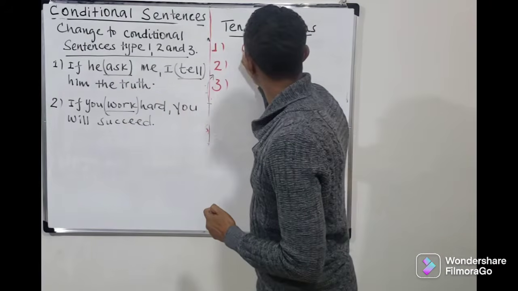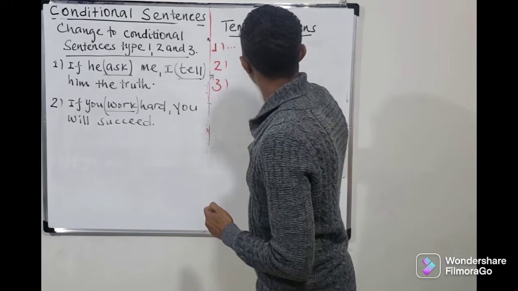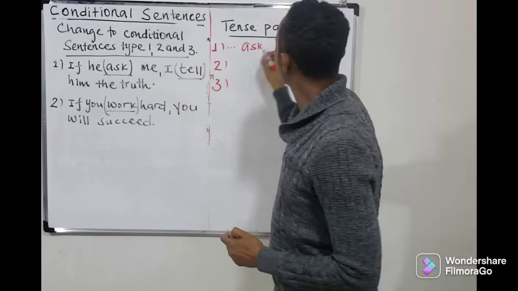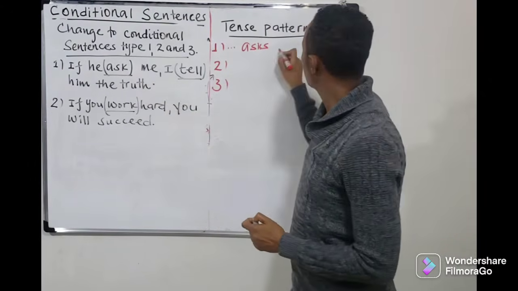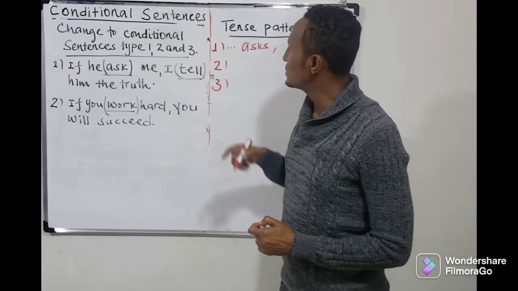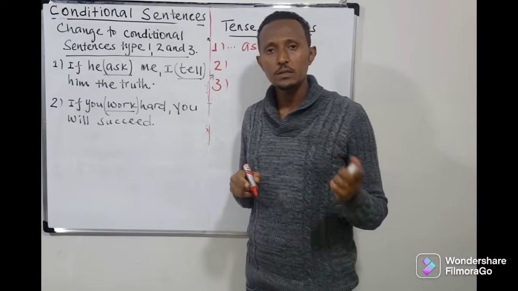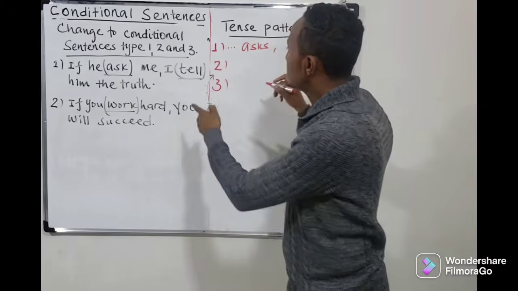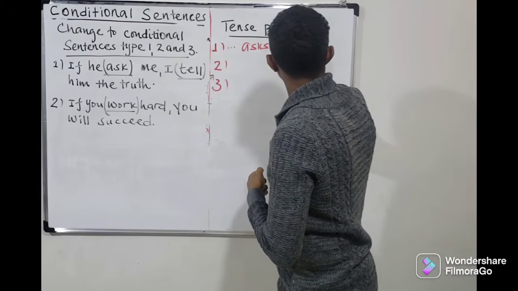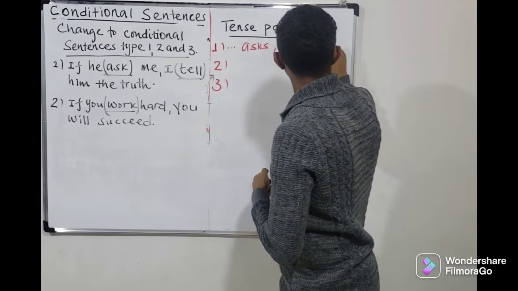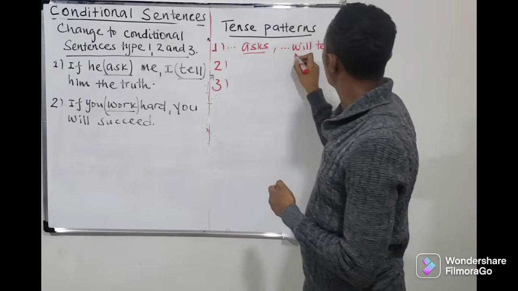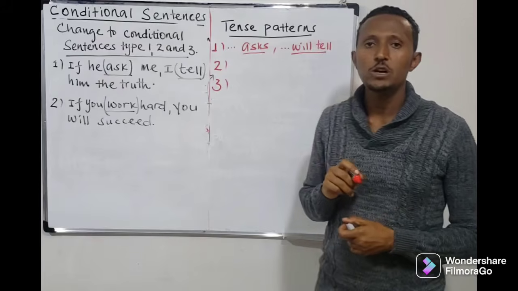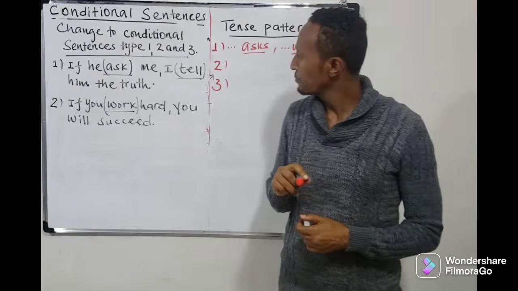So ask, if he asks me, then the main clause should be in the simple future tense. I will tell him the truth. Will tell. Now here is simple present in the if clause and also simple future in the main clause.